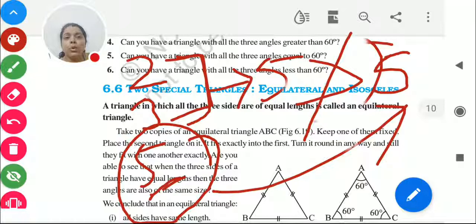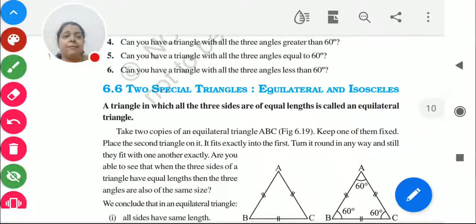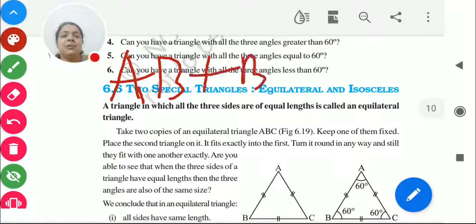This is the basic rule, but you have to go for all the sides. Don't think that only one side you have gone through. Here you were easily able to find the answer directly in one go, but maybe at one time you will not get it. Another side you have to add up, then another side you have to add up. All the sides should be added up. For example, AB plus BC should be greater than CA.